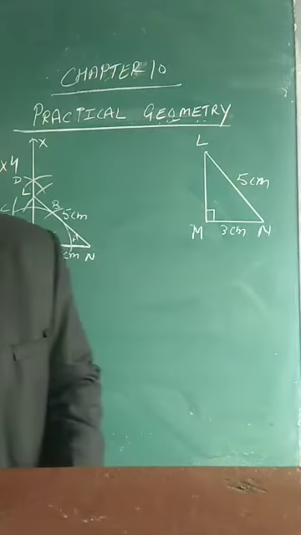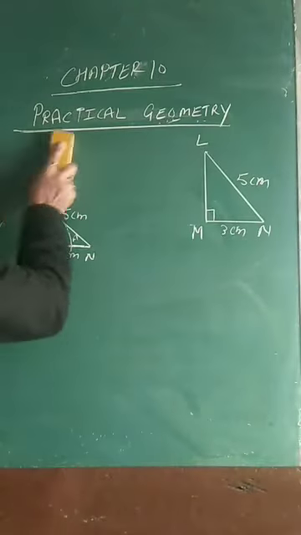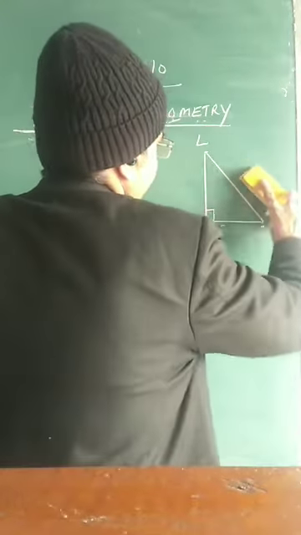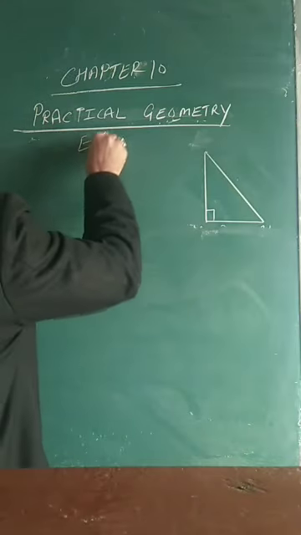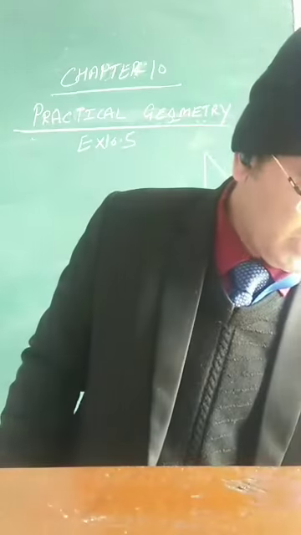Now we'll start exercise 10.5. So looking at the very first question of exercise 10.5, question number 1: construct a right angle triangle PQR where the measurement of angle Q is equal to 90 degree.